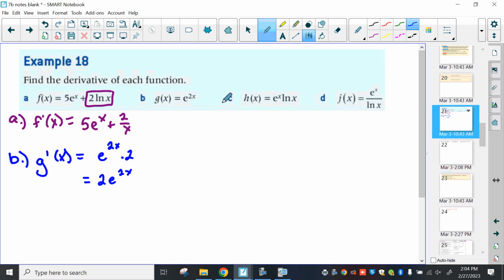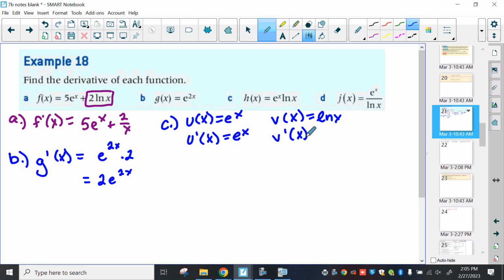Okay. For C, I'm going to do the derivative of each of these, so I'll do the v of x and u of x, or whatever it is that you want to use, just to make sure that you guys are as comfortable as possible with that for C. So therefore, u prime of x is just e to the x, and v prime of x is just 1 over x.